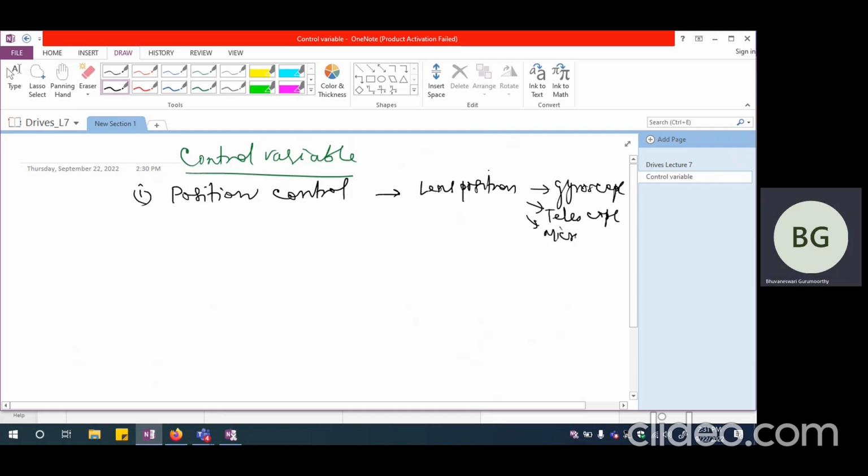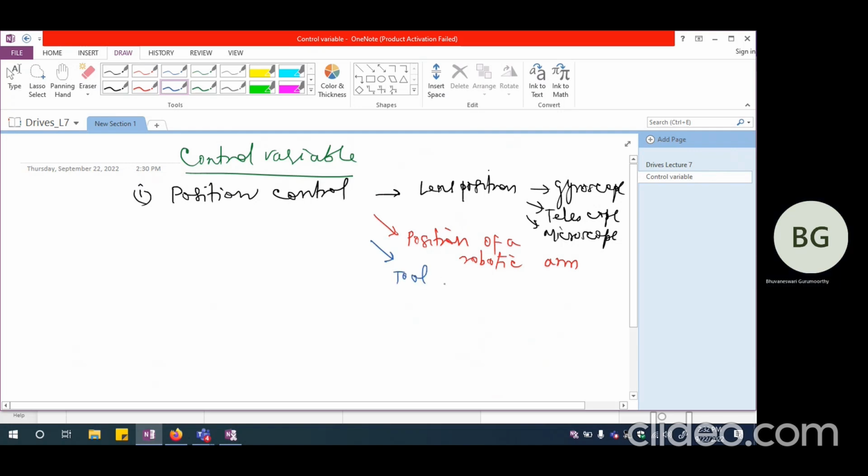It is possible that I have to adjust this, or I may be adjusting the position of a robotic arm, maybe in a pick and place robo, or I may be talking about a tool adjusted in a lathe. So all these things are typical examples of position control.